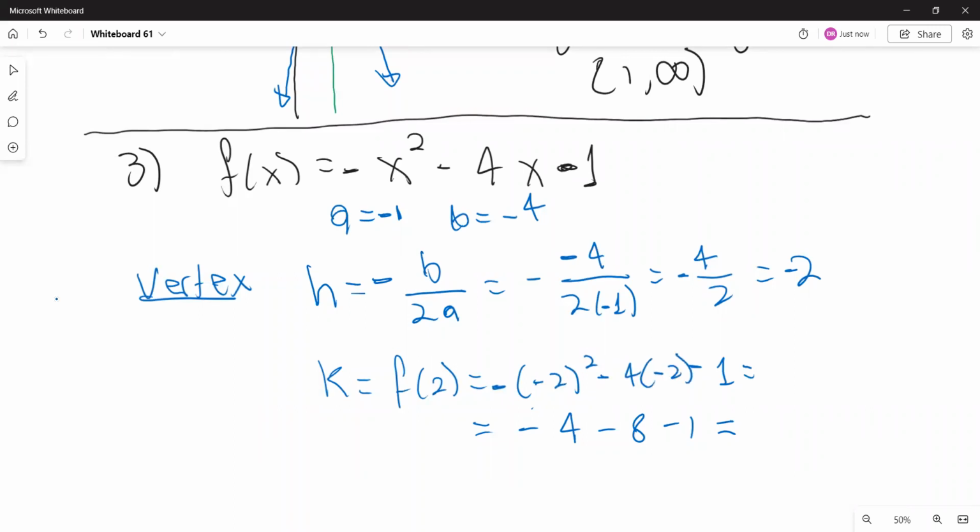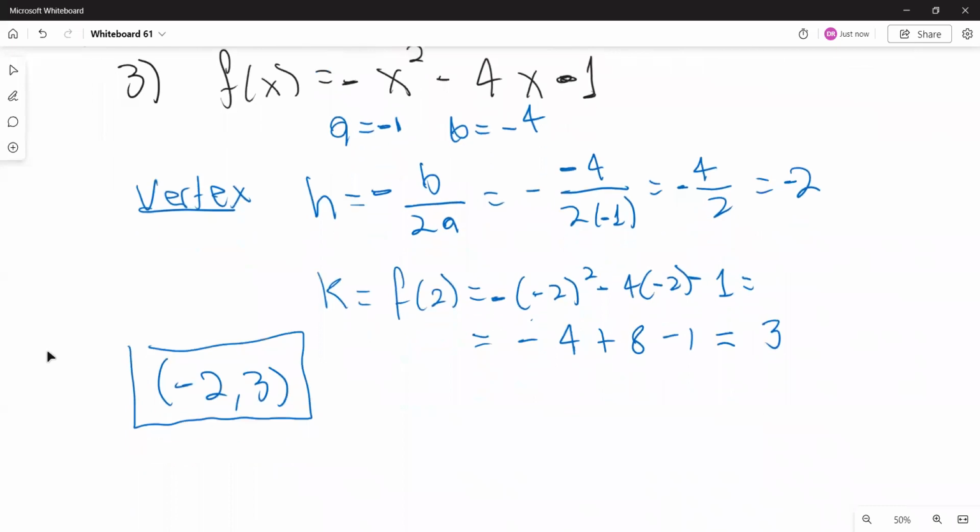Okay, so that's -4 plus 8 minus 1, which is going to be +3. Okay, so I know the vertex. The vertex is (-2, 3). And the axis is x equals -2.